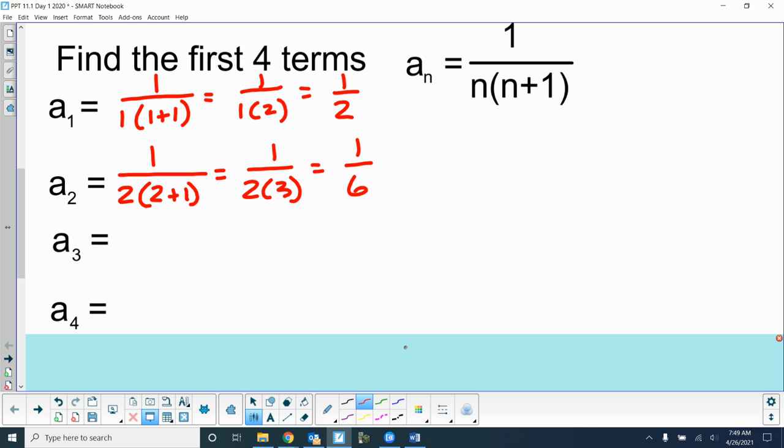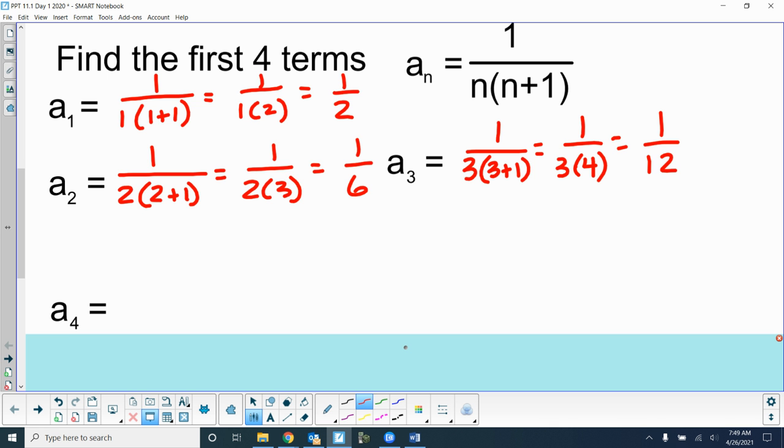Not so bad, is it? The third term would be 1 over, and n is 3 this time. That's 1 over 3 times 4, which should be 1/12.